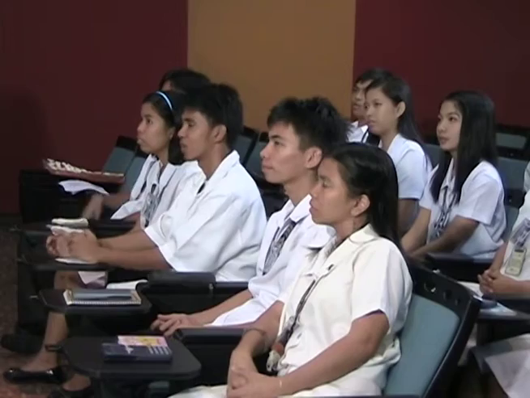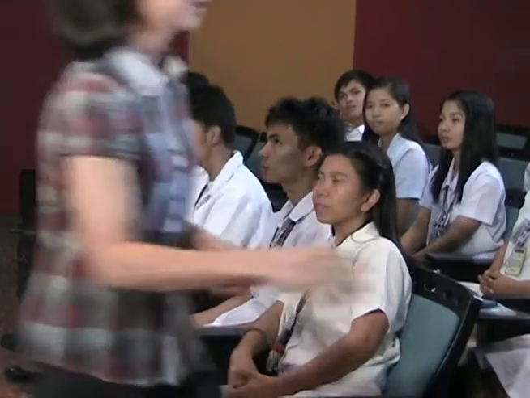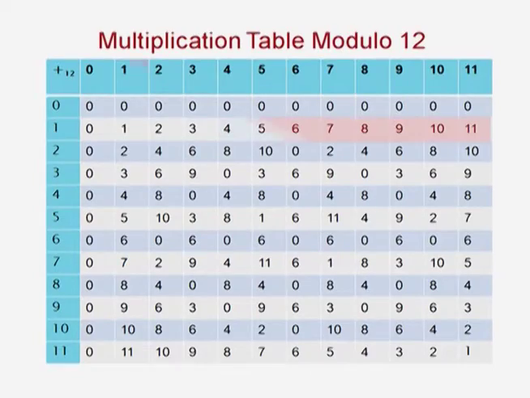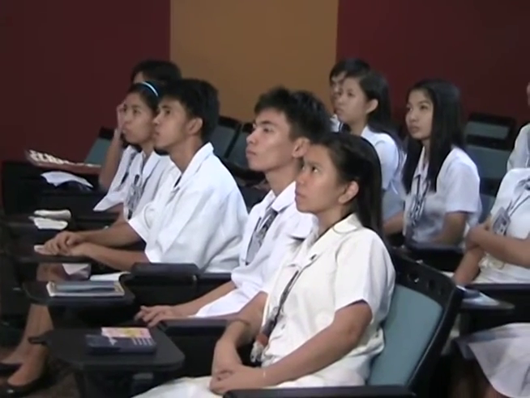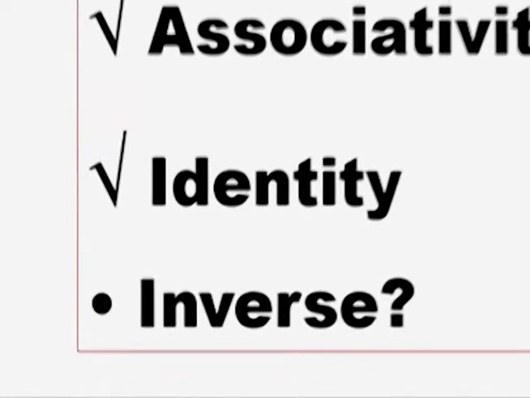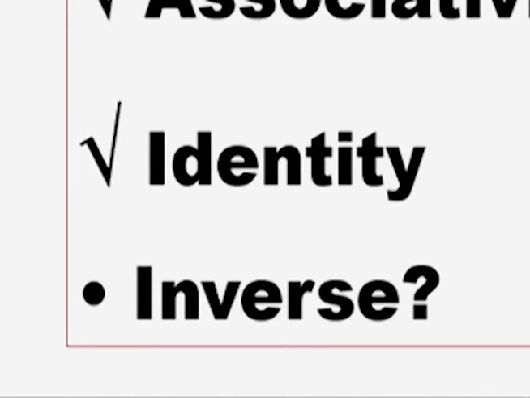It's 1. Any guess? Is it 1? Let's see. Yes. So from the table, you get the same number when you multiply by 1. Okay? So the identity exists. How about an inverse? Does each of the elements have an inverse?